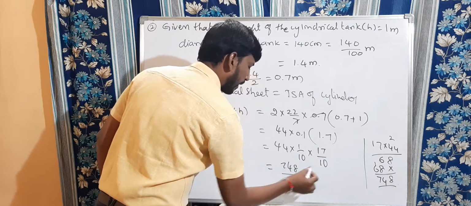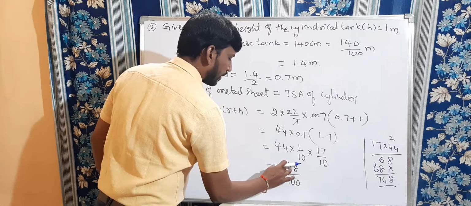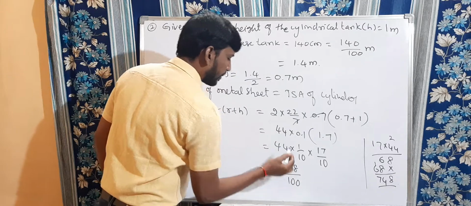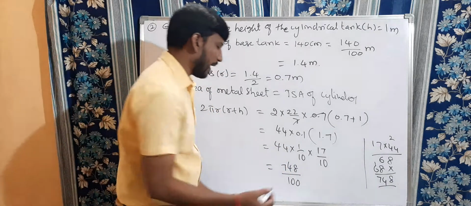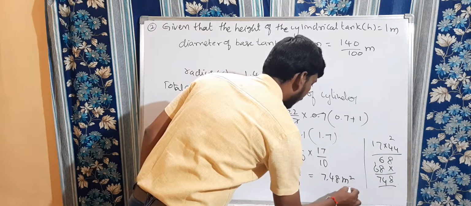So it is 748 by 10 into 10, equal to 100. So you don't cancel here; in the denominators we have tens. Finally, division is very easy. 748 by 100 is nothing but 7.48 meter square.